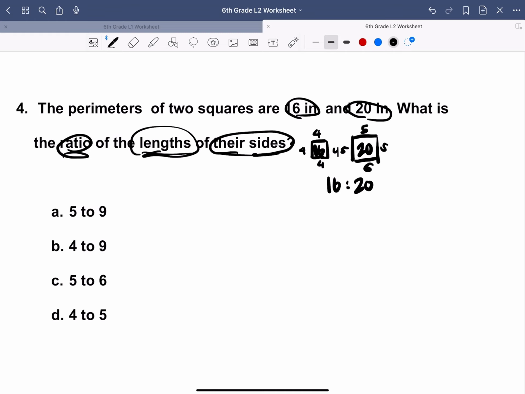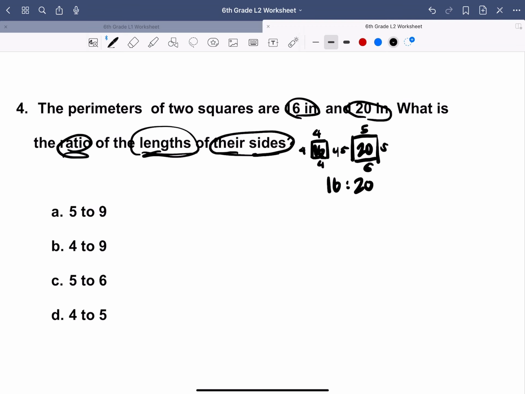So this might sound a little bit tricky, but when it says of their sides, I'm assuming it's asking for the length of a side of the square with perimeter 16 and the square with perimeter 20.